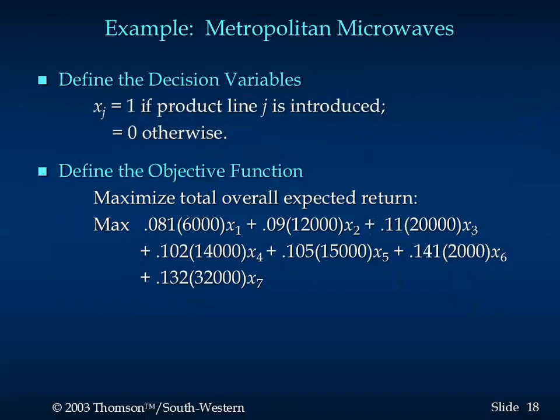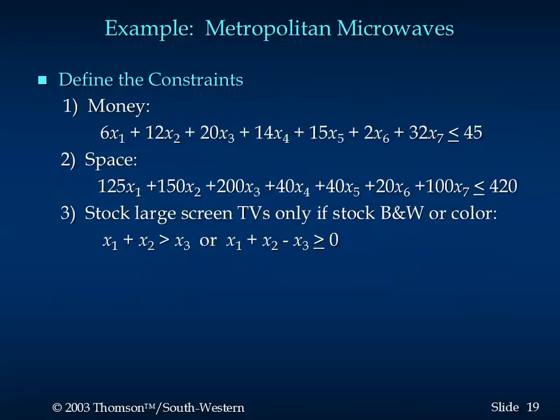If it's introduced, it's added. So, nice simple way. It's like switching on and switching off. If we introduce it, that term is switched on. If it's not introduced, it's 0 and it's switched off, removed. Very simple, huh? Okay, so that is my objective. I have to maximize my total overall expected return. Okay, now what are the other constraints?